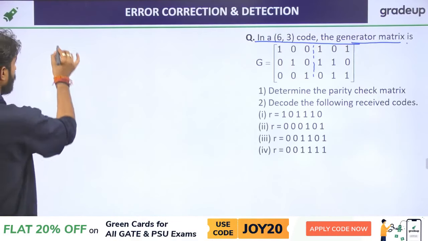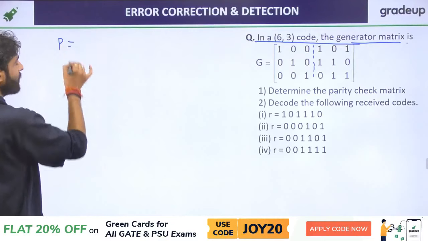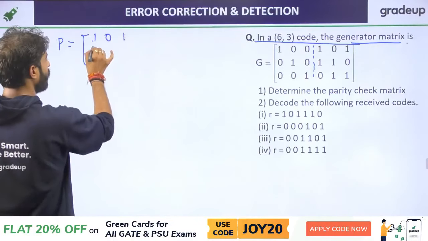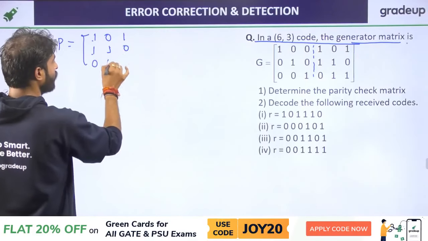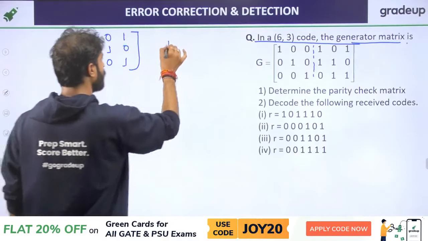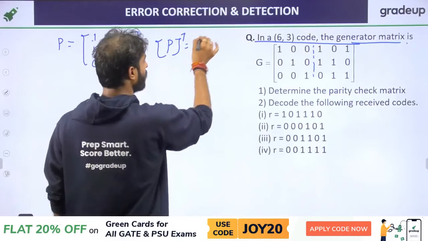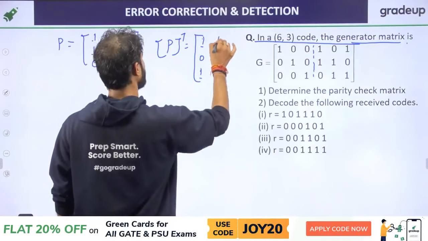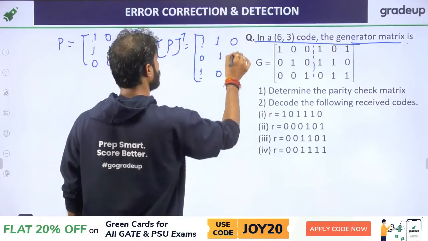Right. So if you want to find P, what is the P matrix? That is 101, 110, 001. Now to find the transpose, make rows into columns and columns into rows: 101, 110, 001.